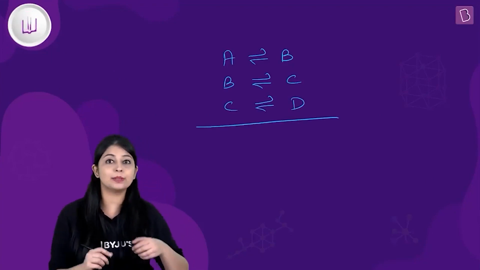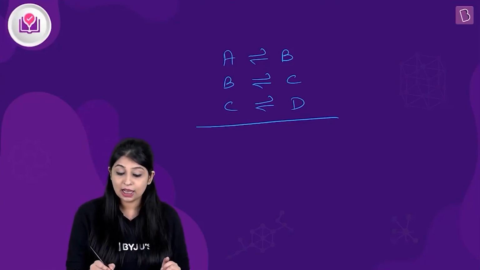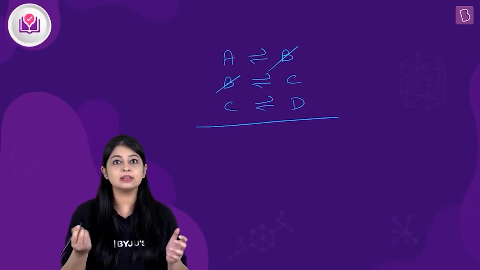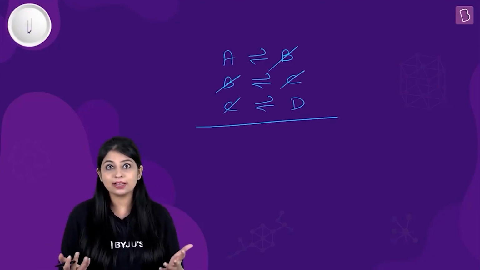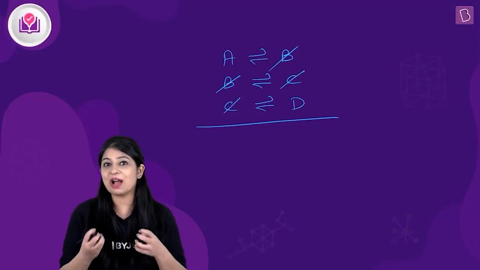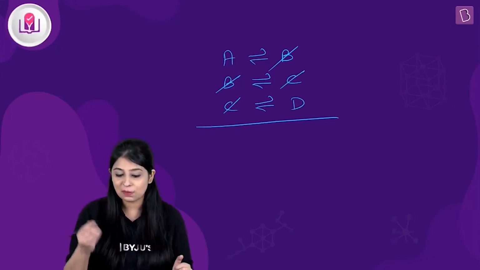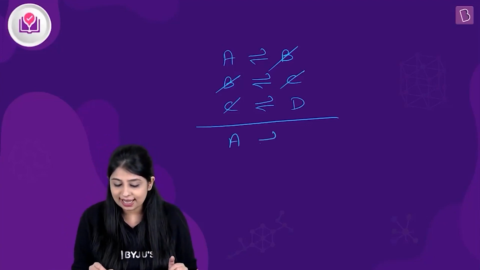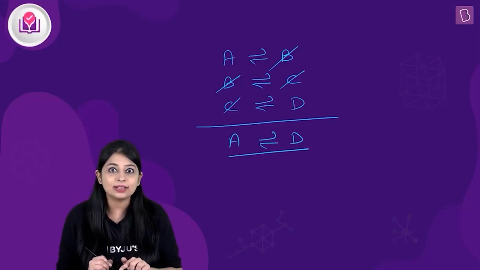So what would happen if you add these reactions? The reactant B will get cancelled with the product B. Similarly, that happens with C as well. So what is the equation that you have got after adding these 3 reactions? What you have got is A is in equilibrium with D. And that's what we wanted to arrive at, right?